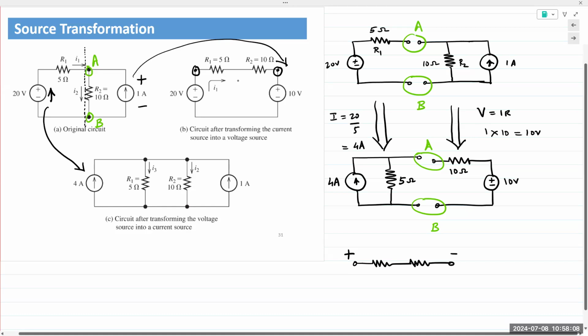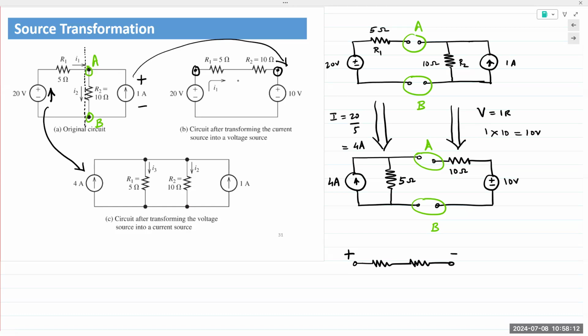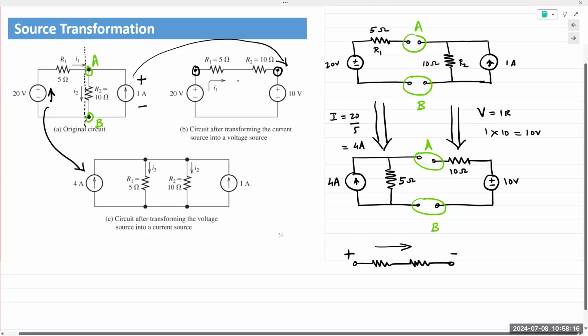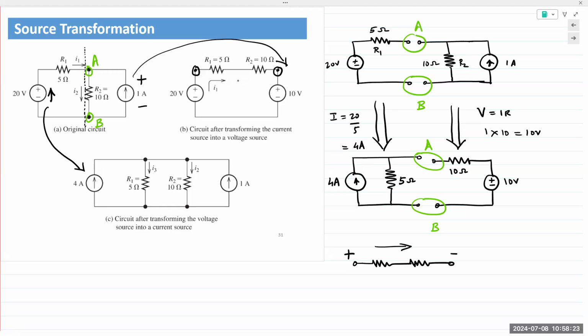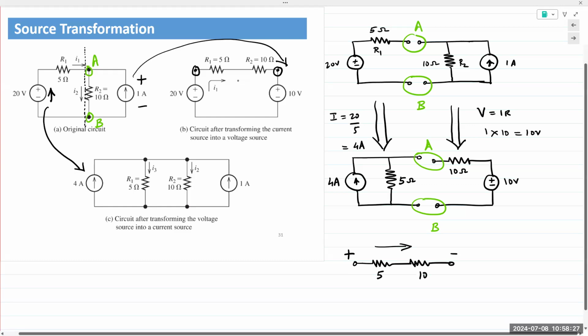Which direction is current flowing? To the right. For a passive component like a resistor, current always goes from high to low. So it's plus to minus, high to low. You have R1, which is 5, and this is 10. Apply Ohm's law.